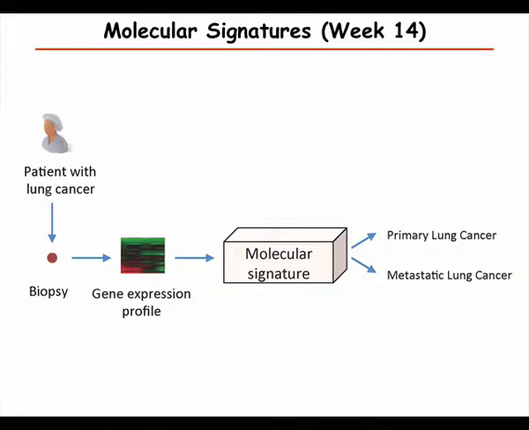Because for a certain tumor there are often many choices of treatment, and it's not always clear, and it's not unusual that doctors pick one chemotherapy at random. It would be much better if one had a signature that could tell which treatment should be used.